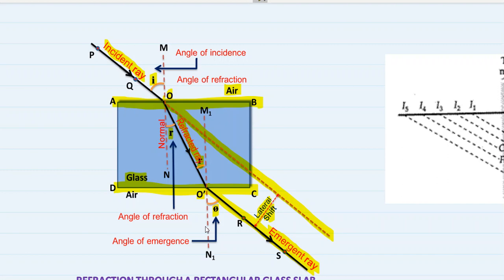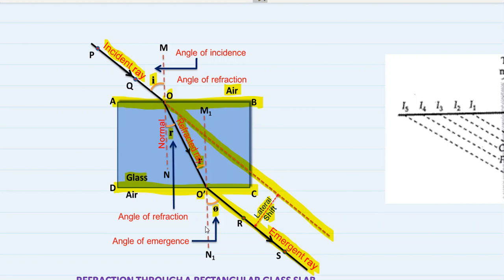Okay, so this experiment has been written in your textbook in greater detail, and you can use this experiment to find the refractive index of glass by finding the angle of incidence I and the angle of refraction R, and then sin I upon sin R will give you the refractive index of glass.